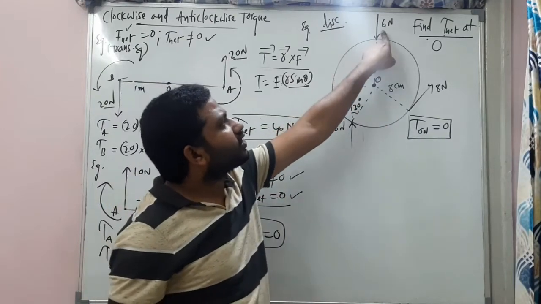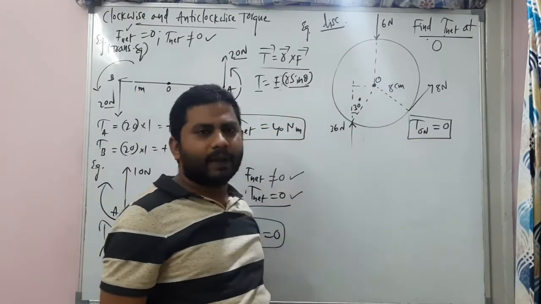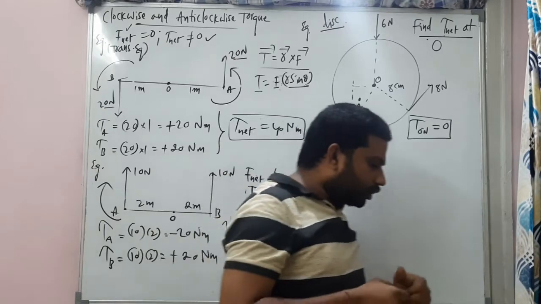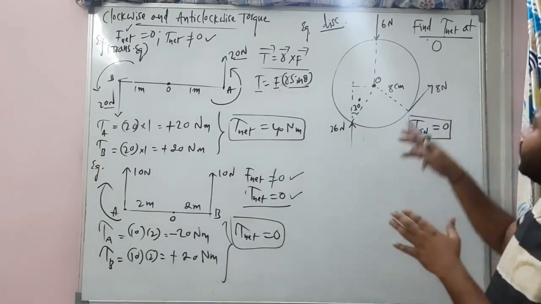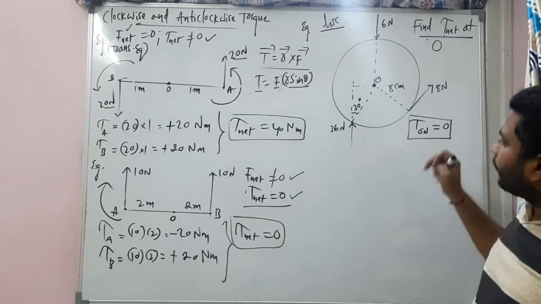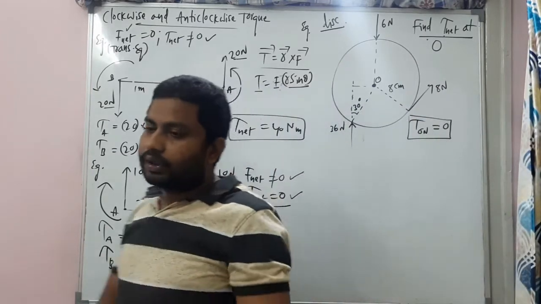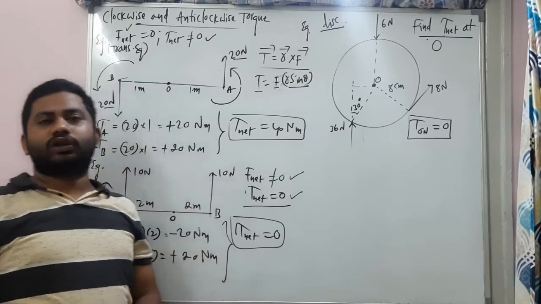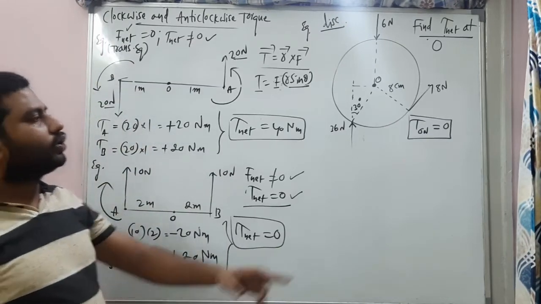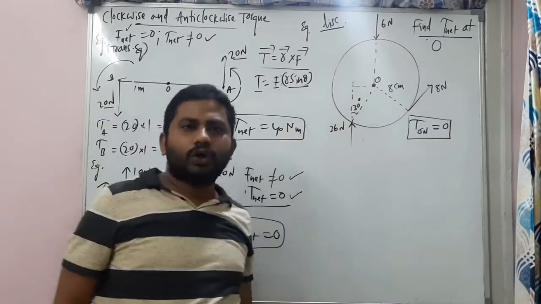Torque due to the 6 newton force is 0. I'm writing directly. Can anybody write the answer in the WhatsApp? The torque due to the 6 Newton force is 0.